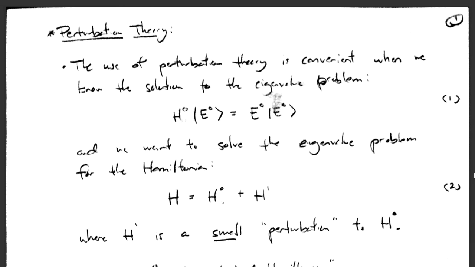Okay, so perturbation theory is really convenient, like we've talked about before, when you have a problem that depends on a Hamiltonian that has a familiar piece to it. And by familiar, I mean a piece of the Hamiltonian that by itself we know the exact solutions for.